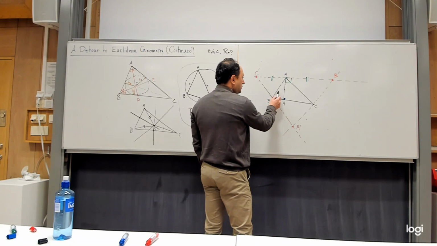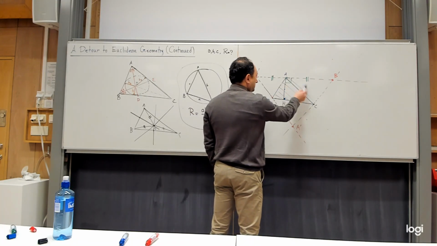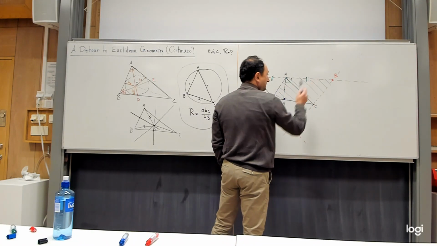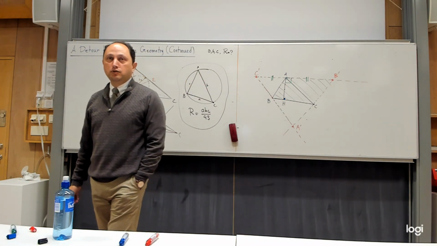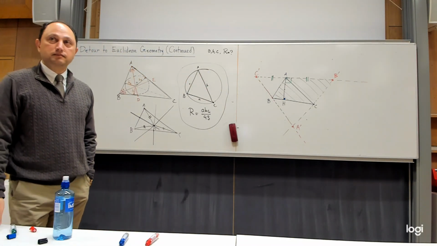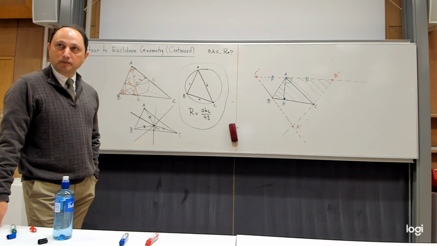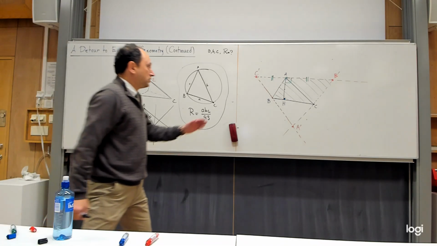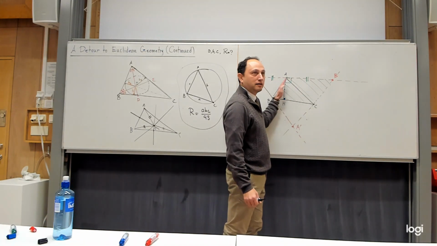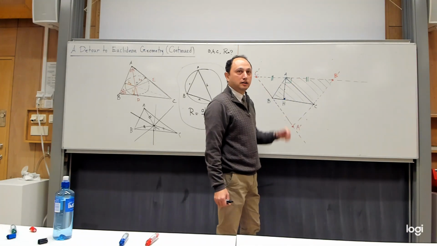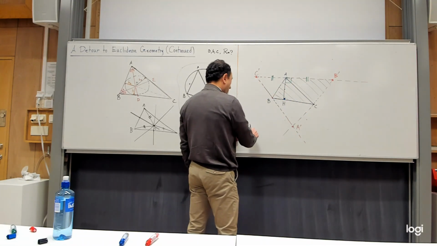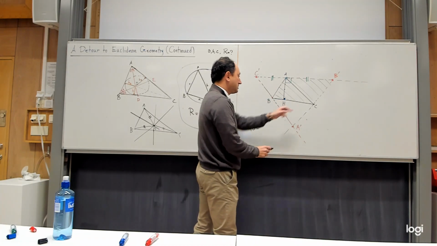What is this quadrilateral and why? Is it a parallelogram? Yes. Why? Because this one, I drew it myself parallel, and this one is parallel. So that's a parallelogram. So it means the size AB prime is equal to the size of BC.